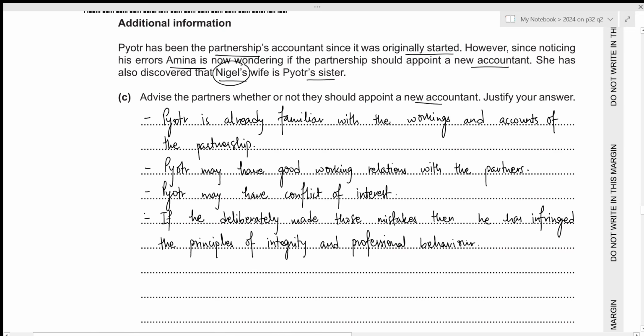Now, based on these factors, we need to advise the partners whether or not they should appoint a new accountant. I would suggest the partners appoint a new accountant in order to avoid any biasness in the future as well. Let's write down the decision.